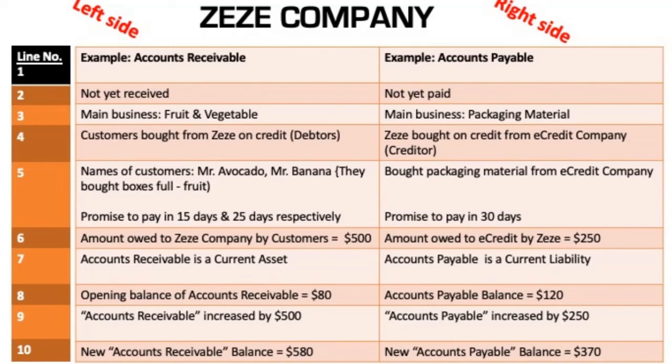And these are transactions that have happened on credit. We shall continue with many examples in our other tutorials so that you understand all these accounts, current accounts, current assets, current liabilities, and all of them.